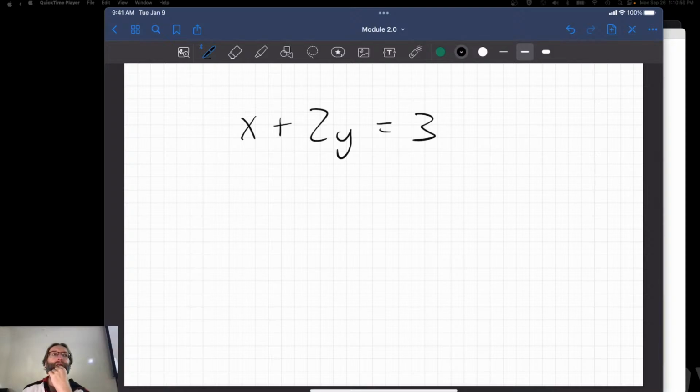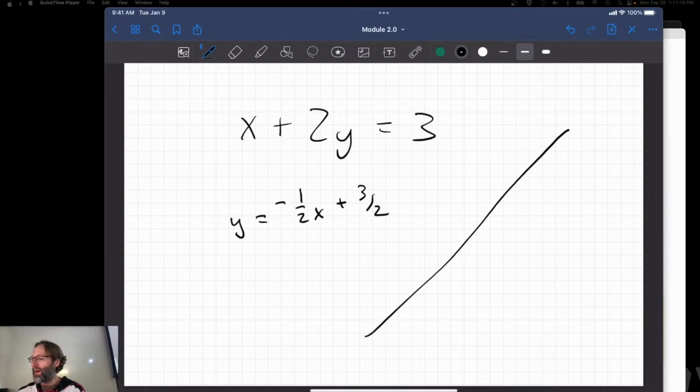Does that have a solution? Yeah, it has an infinite number of solutions. Why? Get this into a normal form. Take x onto the other side and divide by 2, and you've got negative 1/2 x plus 3/2. There we go. It's a line, exactly.